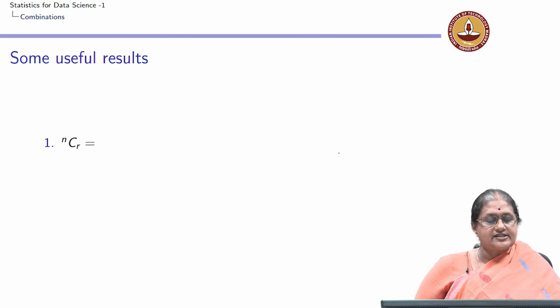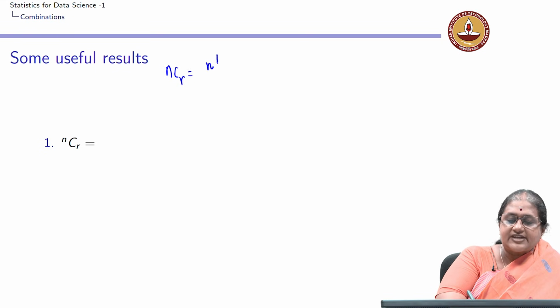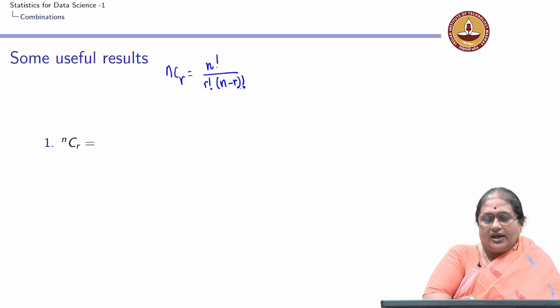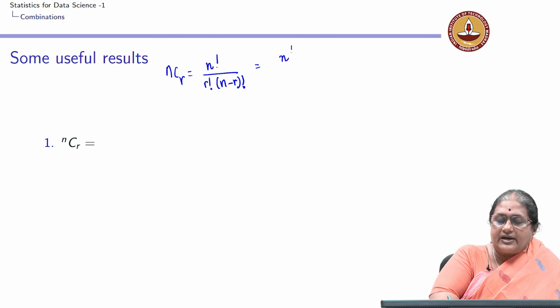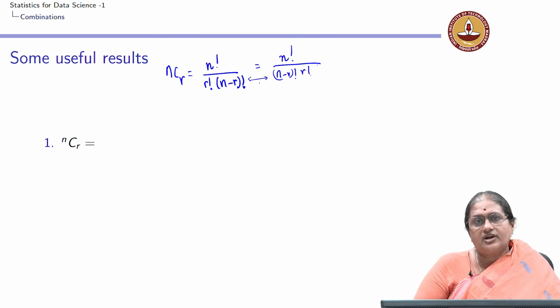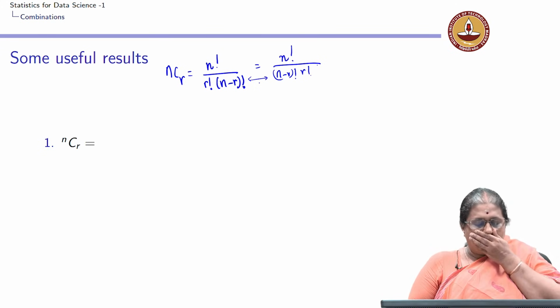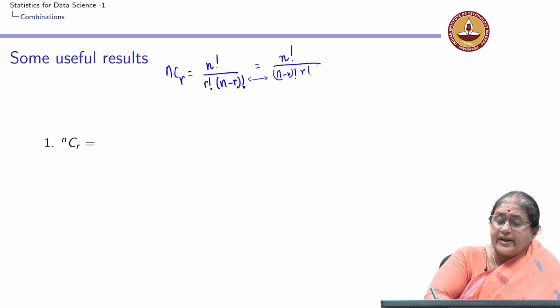The first thing is n choose r. If I start with n choose r, by my formula this is n factorial by r factorial into n minus r factorial. Now, in the denominator I can write it as n minus r factorial into r factorial. These two are equivalent. I am just changing the order in which I have written them. So, what do I get now?